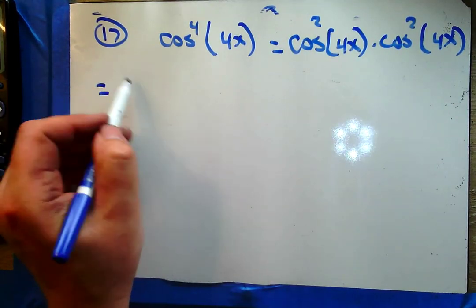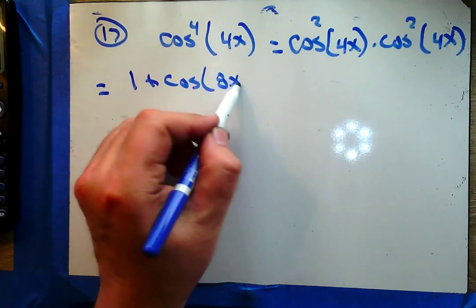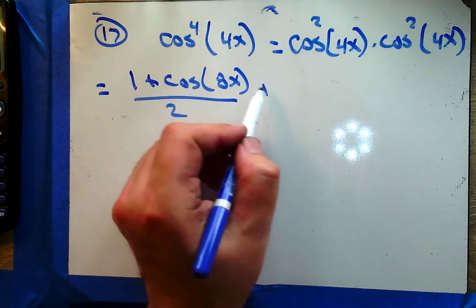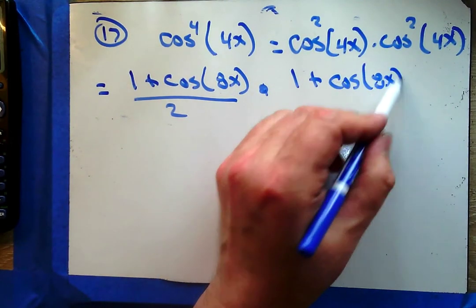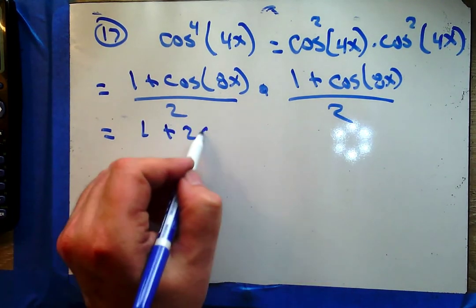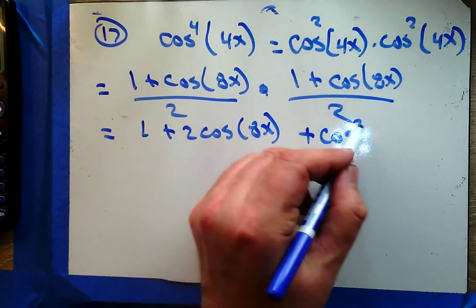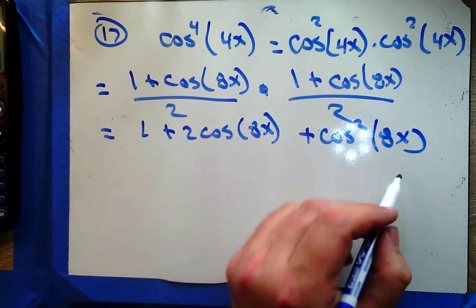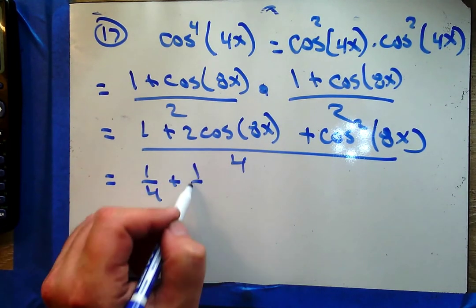The angle doubles. So this becomes 1 plus cosine 8x over 2 times 1 plus cosine 8x over 2. When I FOIL, I get 1 plus 2 cosine 8x plus cosine squared 8x all over 4.